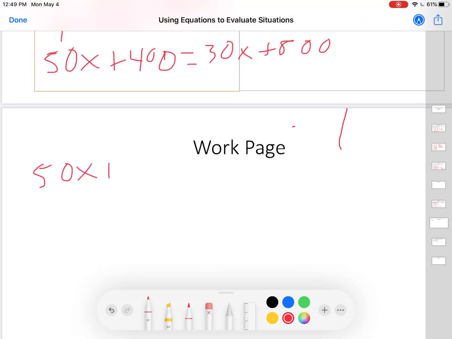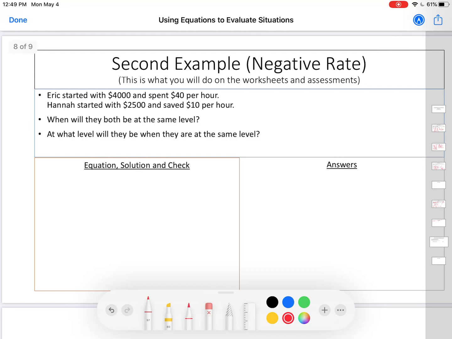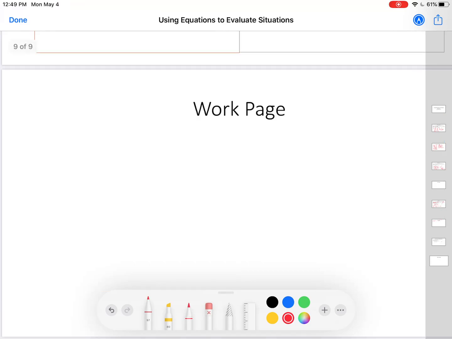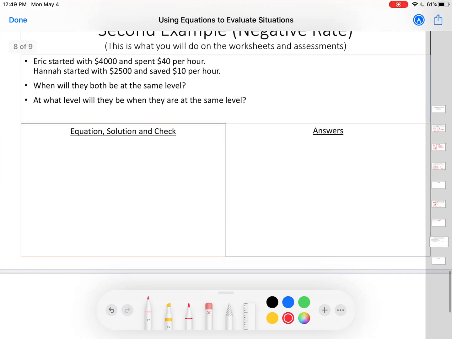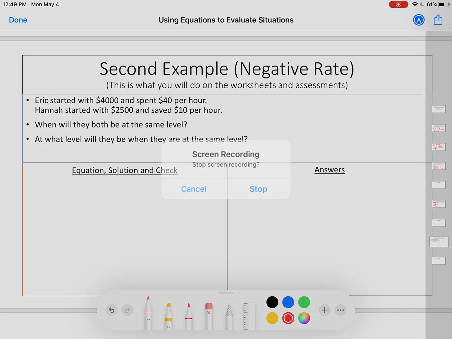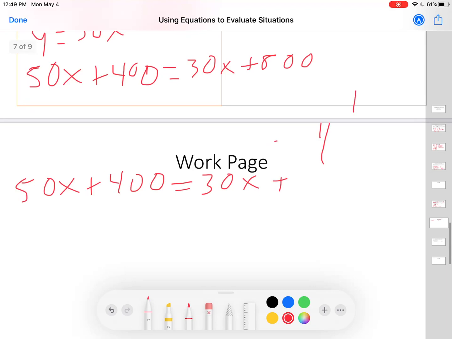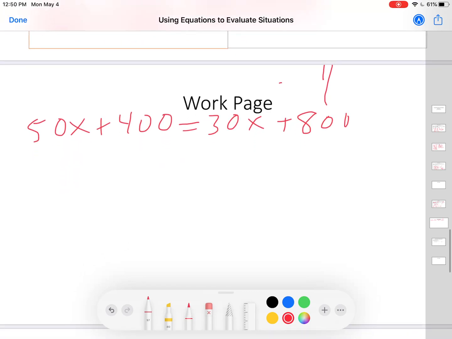Let's solve it. 50x plus 400 equals 30x plus 800. Well, let's start to solve.